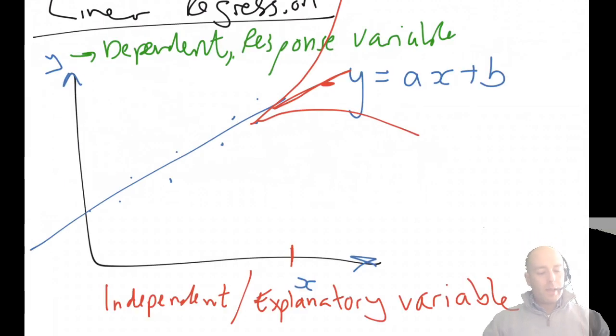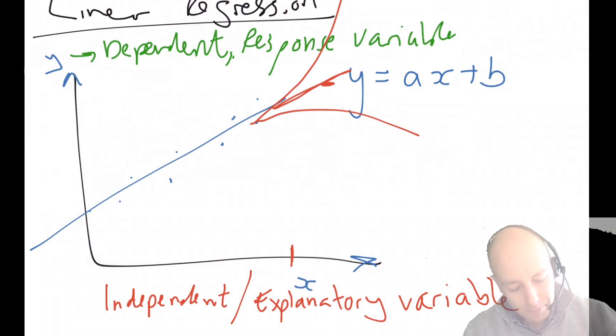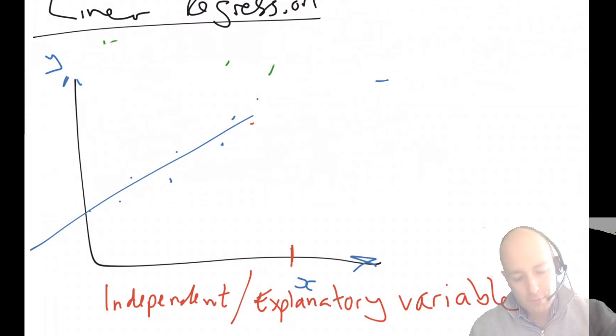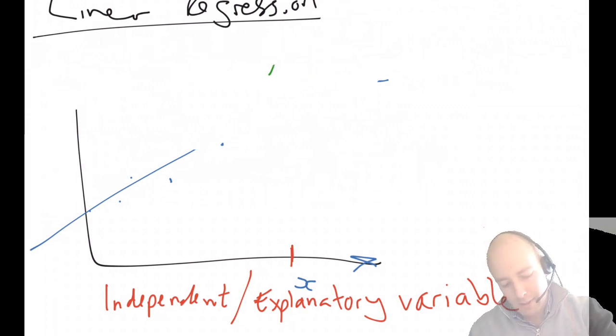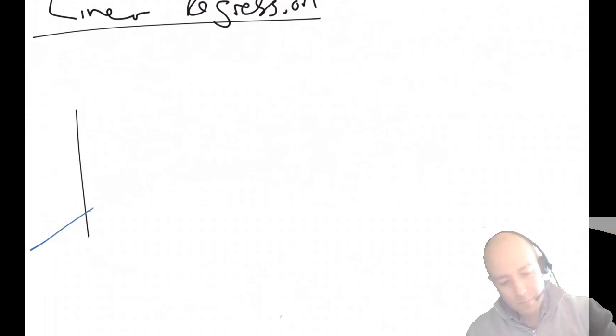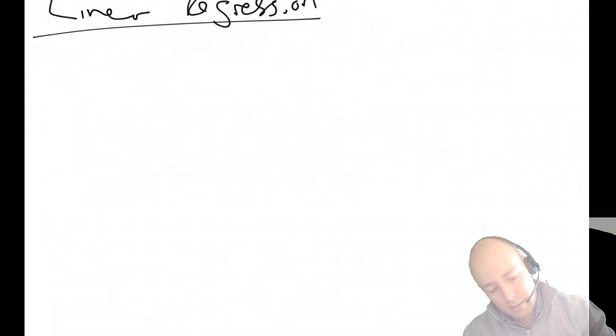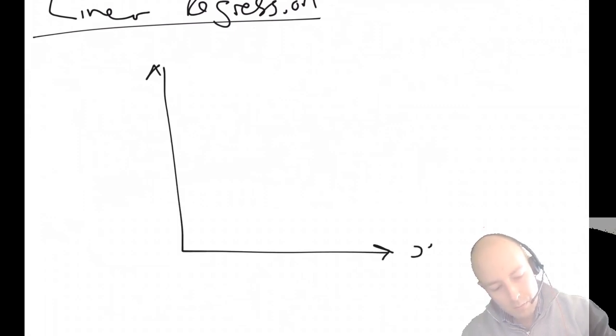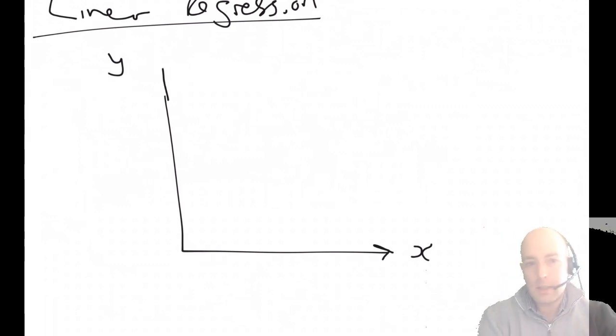Right, so linear regression. To talk about linear regression, we need to first of all identify two different variables, which I'm just going to rub out and then write up again. So we've got our data on a set of axes, x and y. We need to be careful with which axis we're actually going to be using.